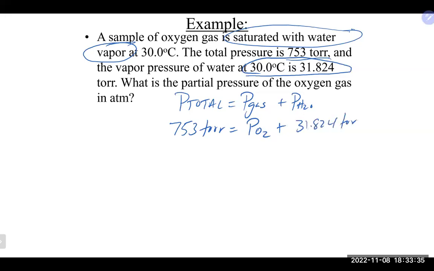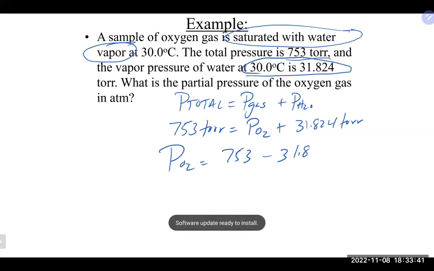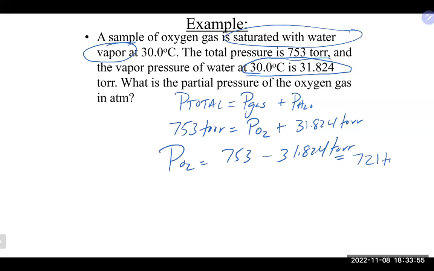31.824 torr. So the pressure of oxygen here would be 753 minus 31.824 torr, and that would get us about 721 torr. In this particular case, they did want the final answer in atmospheres.